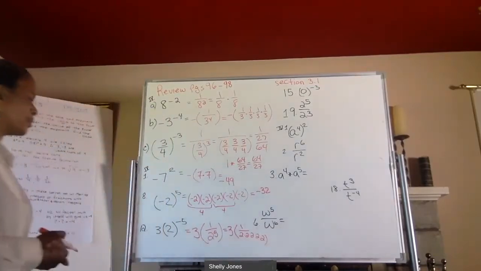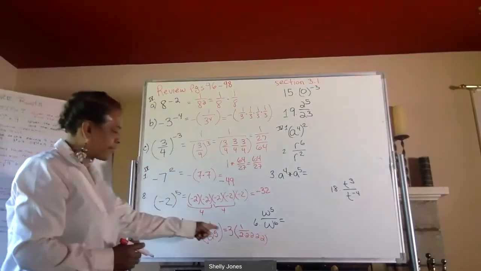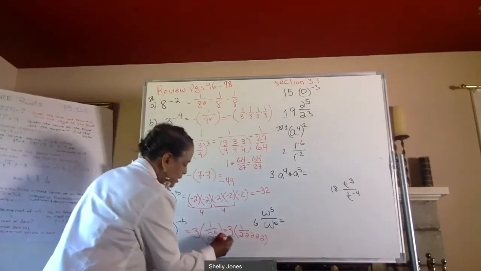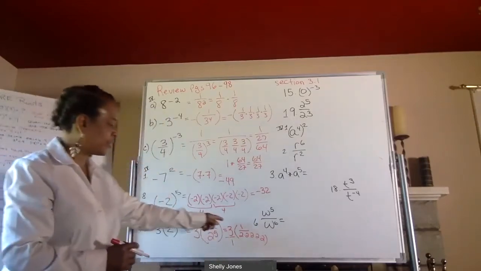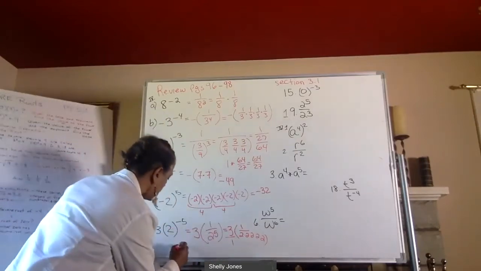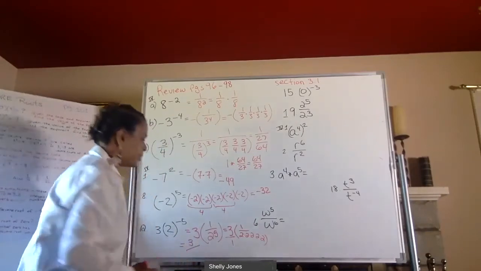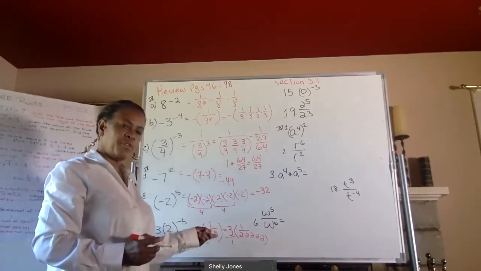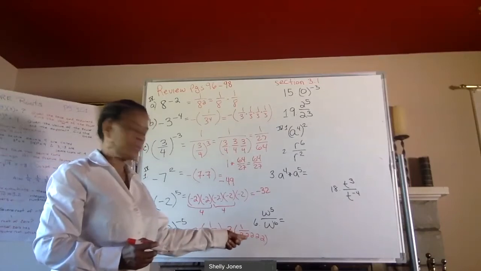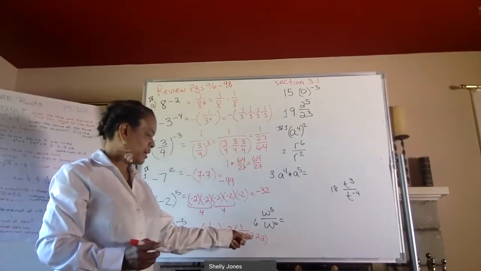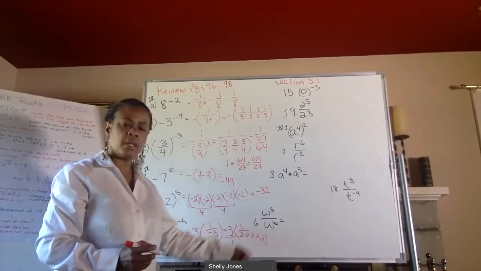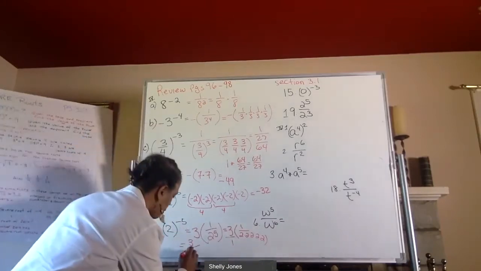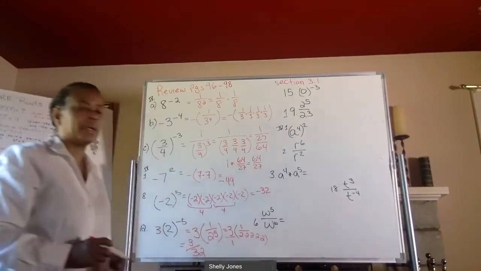Since I have 3 times 1, this is like 3 over 1, I could actually put the 3 in the numerator. So I'm going to end up with a 3 in the numerator, and 2 to the 5th power: 2 times 2 is 4, 4 times 2 is 8, 8 times 2 is 16, 16 times 2 is 32. So 3 over 32 is what I end up with.